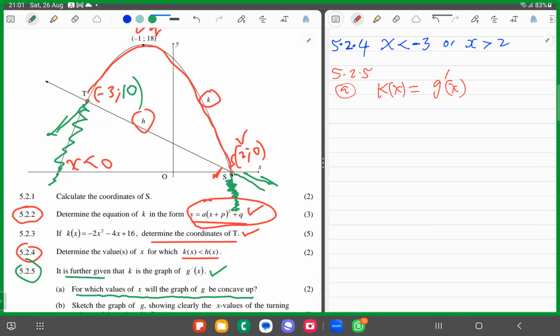The graph of G will be concave up at the point where x itself is less than -1.